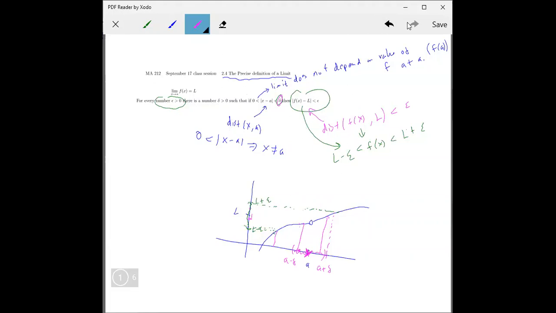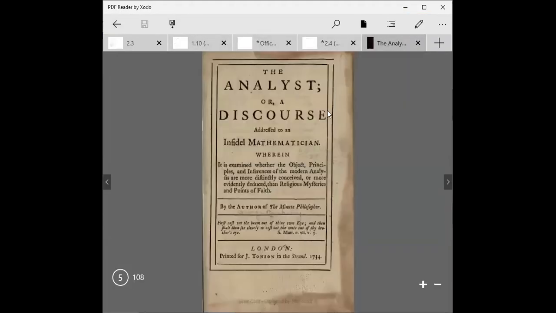Okay, but I want to show you something really interesting, and that is this other book right here. So before we had this definition of the limit that I just showed you, they used something called infinitesimals.